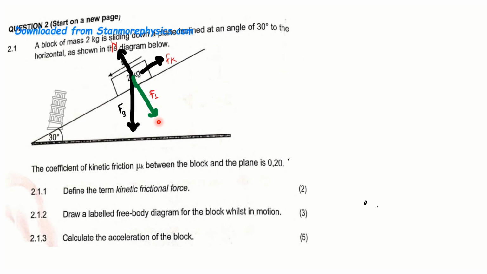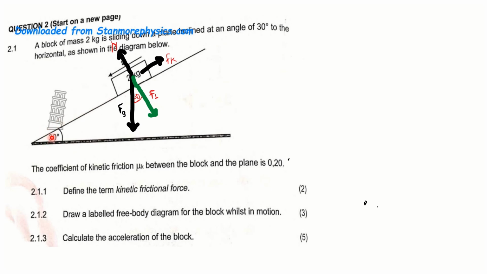We also have another force that is parallel, but before then, let me indicate the angle that we have here. So we also have an angle of 30 degrees here. Why? Because this angle here is always the same as this angle here. If you are not familiar with this concept, I have another video that has to do with this, so please go and watch it and learn.